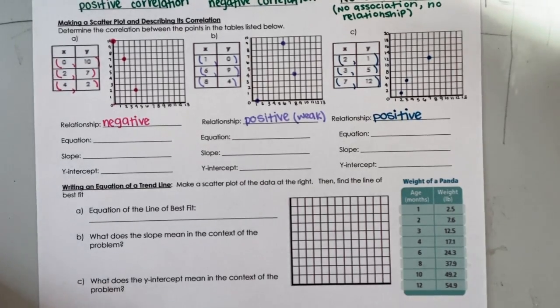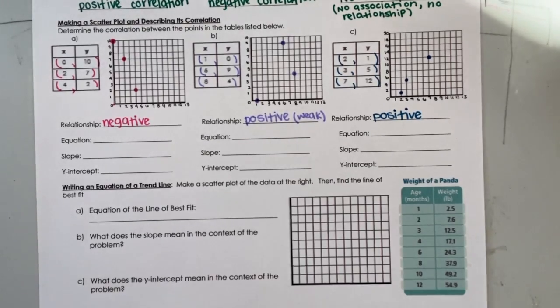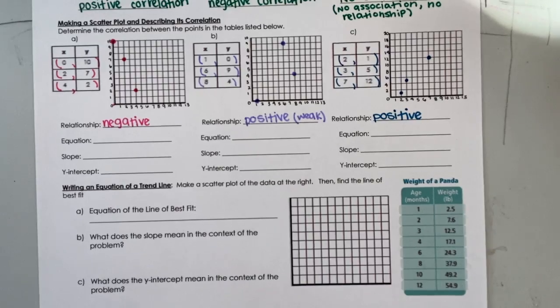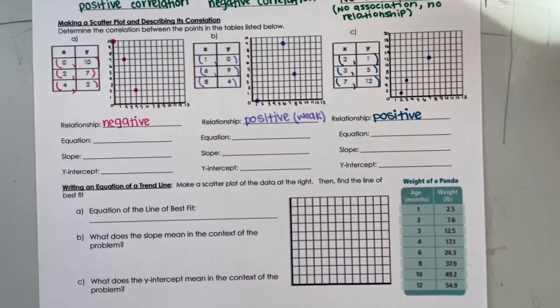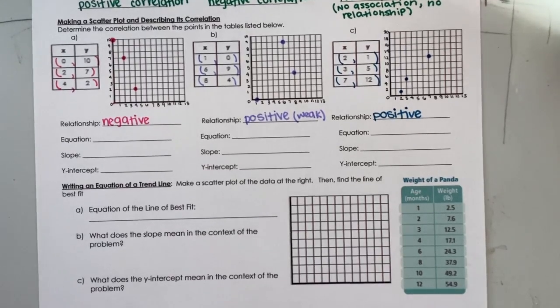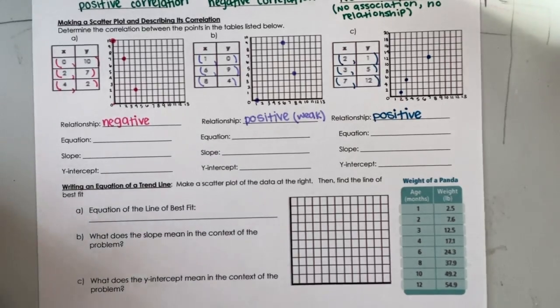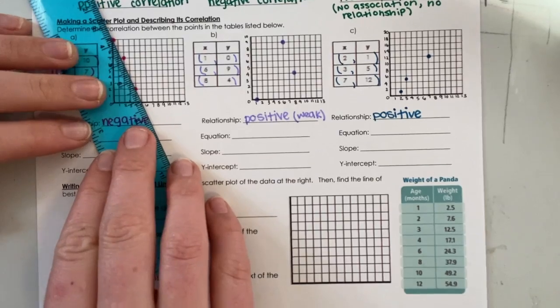Now we can use that information and go a little bit further and predict what a linear equation might be to represent the data. So there's a way to do this in your calculator, but before we're even going to worry about a calculator, we're going to just try and do it by hand by using, right now I'm using a see-through ruler because this helps me see the points.